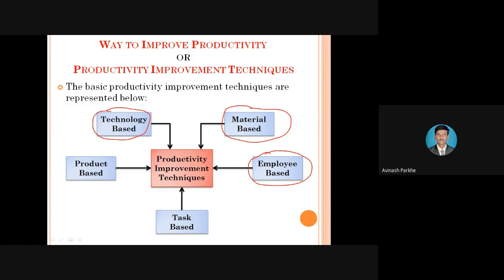Just now we have discussed, employee based means it is one of the internal factors which we have to manage. It is in your hand, that is, which type of employees we have to provide in the organization. Wherever skilled operators are required to handle CNC, VMC, such types of machines, we can provide skilled operators.